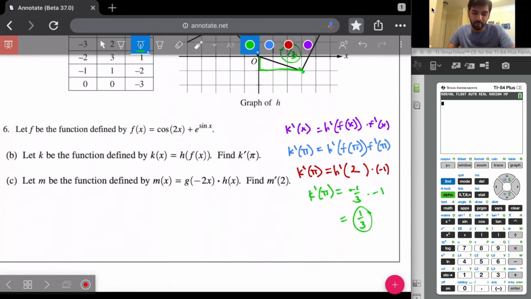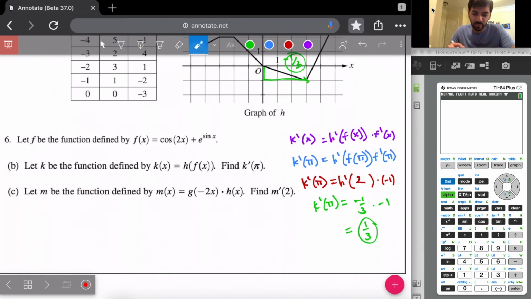All right, and we have part C. Kind of a similar idea here, except we need to apply the product rule. We're trying to find m prime. I need to do the derivative of the first times the second plus the derivative of the second times the first. So over here I'll do m prime of x is equal to, now the derivative of the first is going to be g prime of negative 2x.